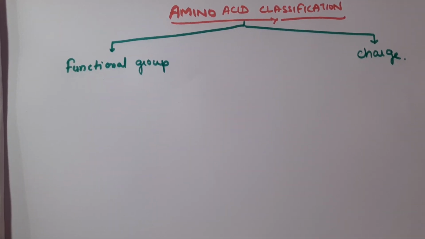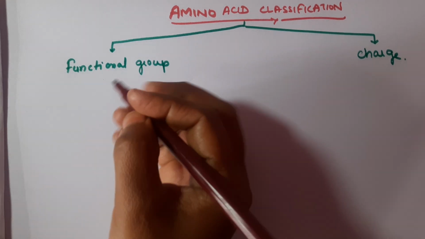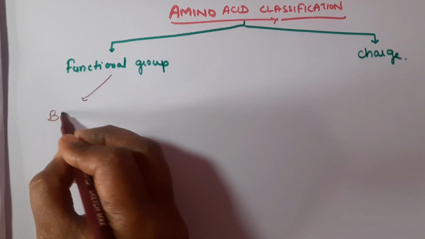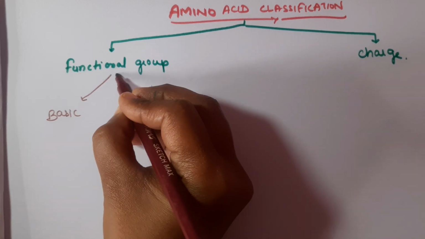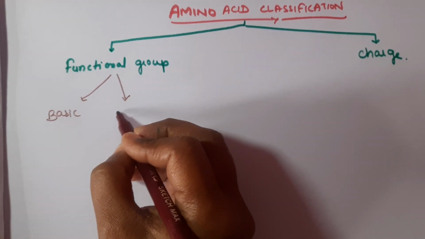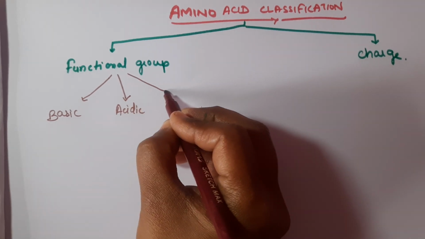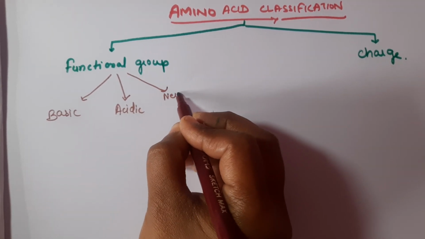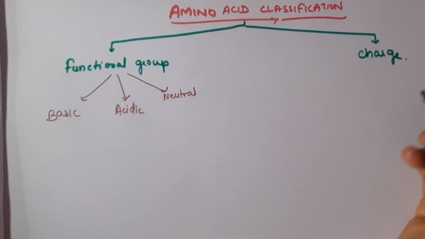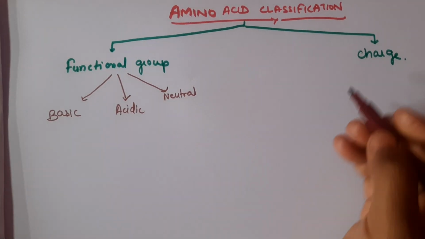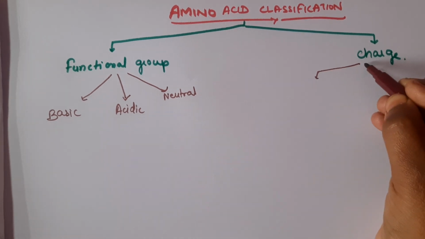So basically, on the basis of the functional group, there are three kinds of amino acid. The basic one, the acidic one, and the neutral one. And on the basis of the charge also, there are three kinds.